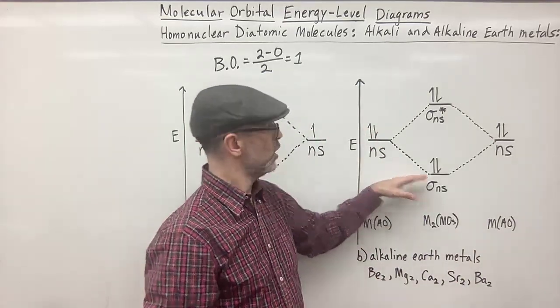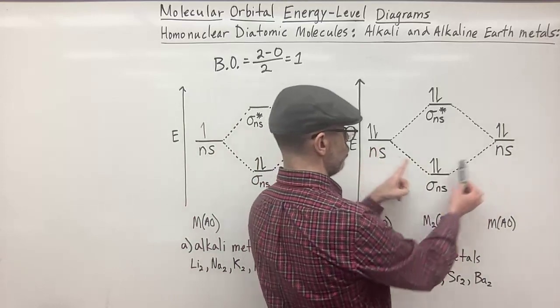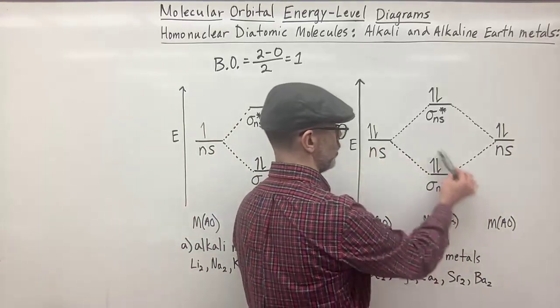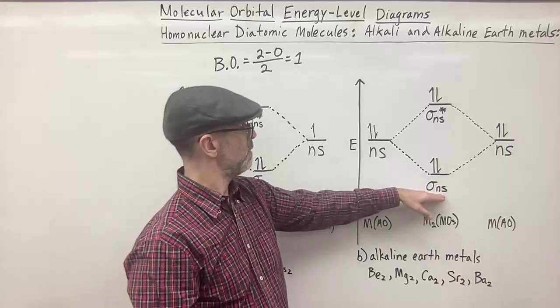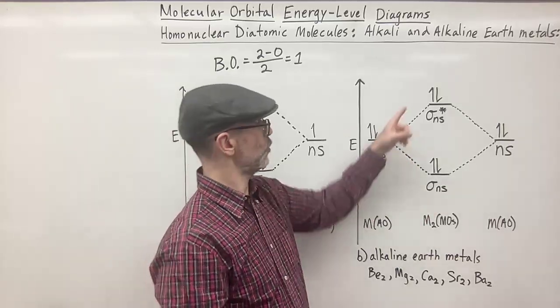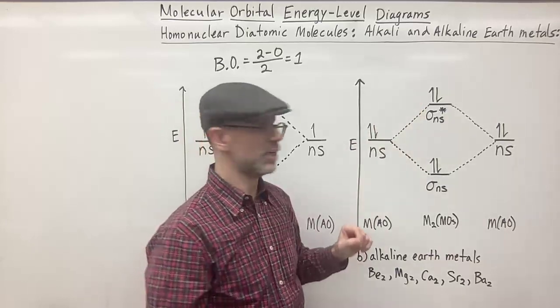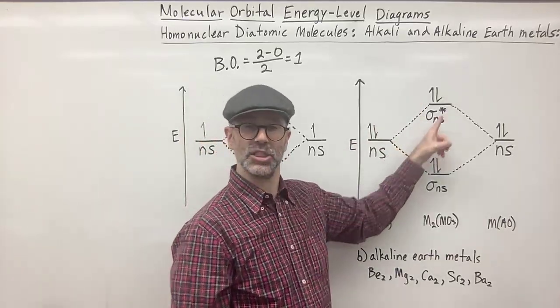molecular orbitals. So now we have 2 electrons go into the lowest energy molecular orbital, the sigma ns. And then we have 2 electrons left over. They're going to have to go into the antibonding orbital, the sigma ns star.